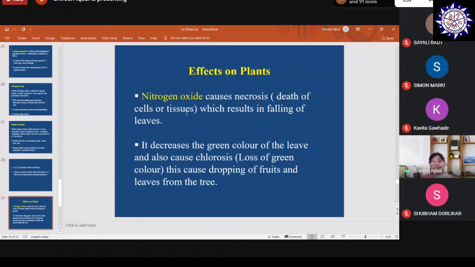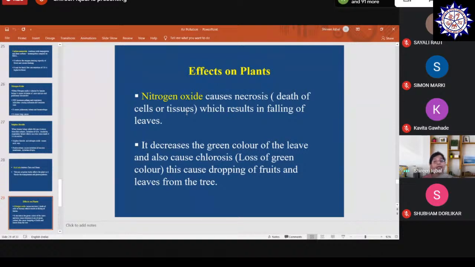Now we will see the bad effect of nitrogen on plants. So this nitrogen oxide causes necrosis. Now what is this necrosis?